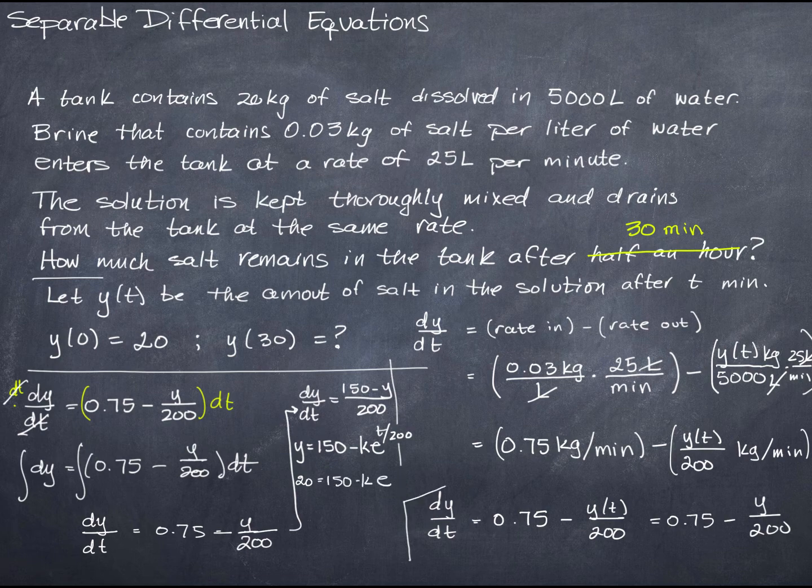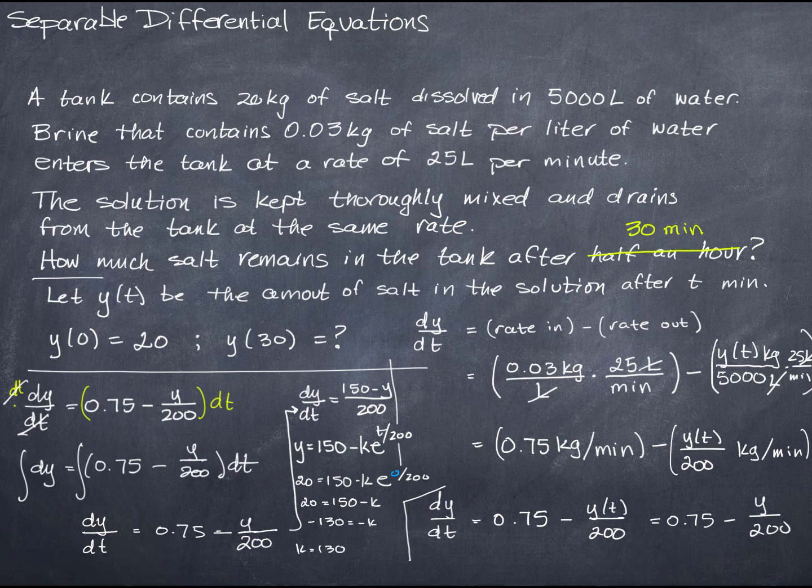and 0 for t. Well, that's just going to be e to the 0, and e to the 0 is 1. So now I have 20 equals 150 minus k. If I subtract 150 from both sides, I get negative 130 equals negative k. So k equals 130.